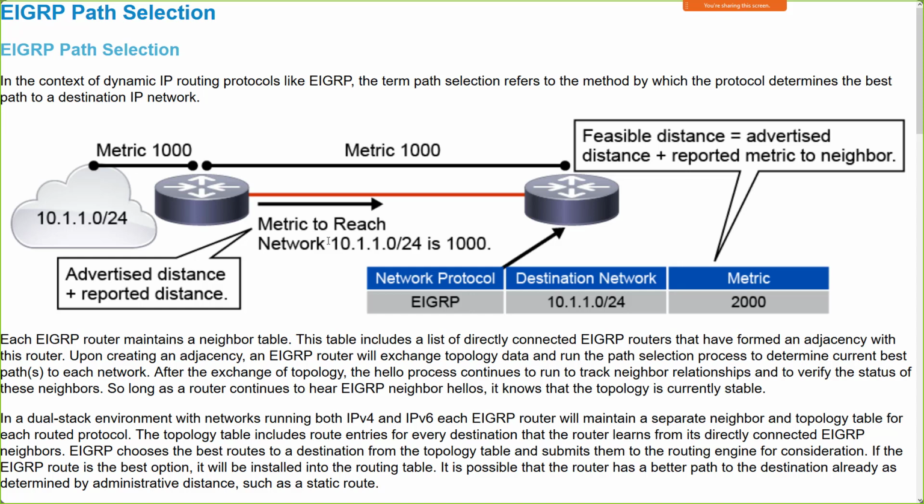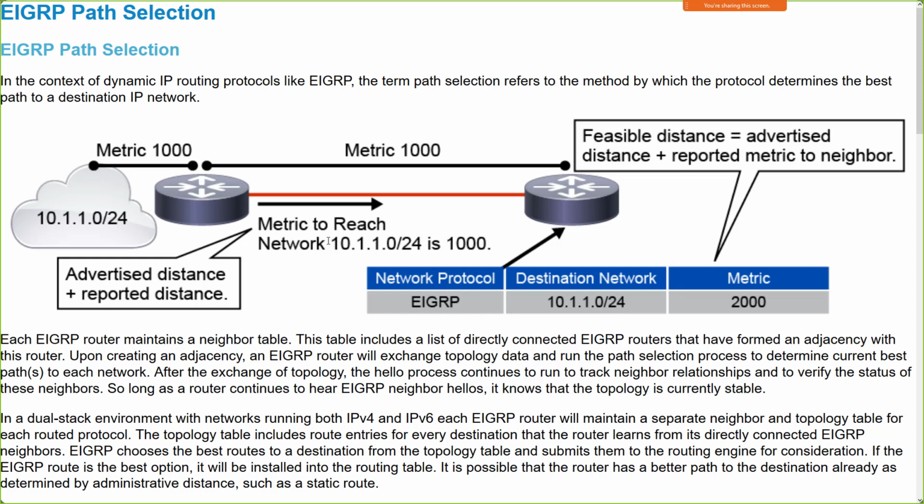We talked about feasible distance. Feasible distance is the overall path metric, which is a combination of the cost for me to reach my neighbor plus the cost for my neighbor to reach the destination, which is what we refer to as reported distance or advertised distance, right?